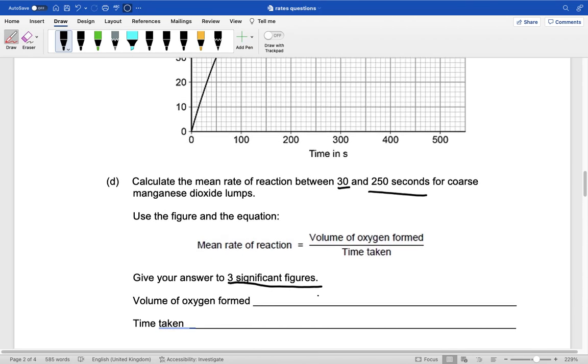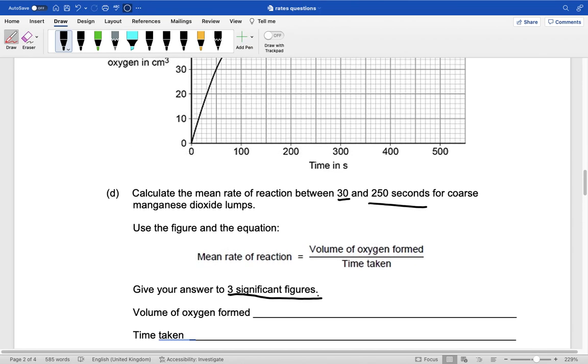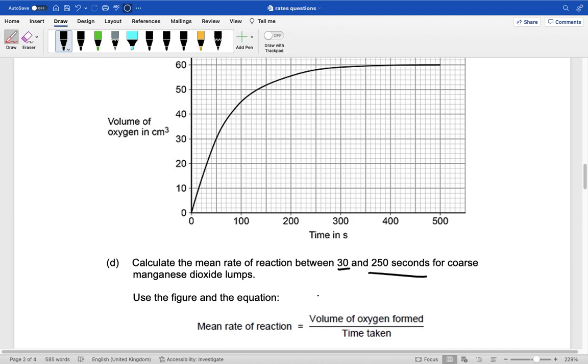Okay, so first of all, it says get the volume of oxygen formed between 30 and 250 seconds. So what I need to do is look at my graph. And this big box here is worth 100 seconds. And there's 10 very small boxes in this big box. So that means that each individual tiny box is worth 10 seconds. So I'm going to count up to 30 seconds because that was the first time we had to find.